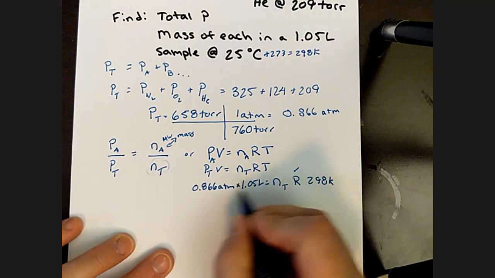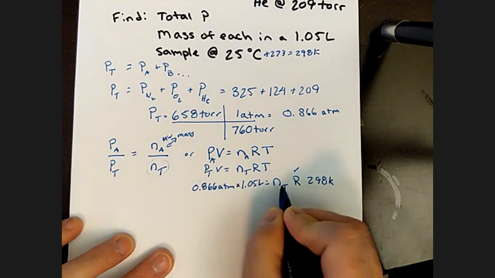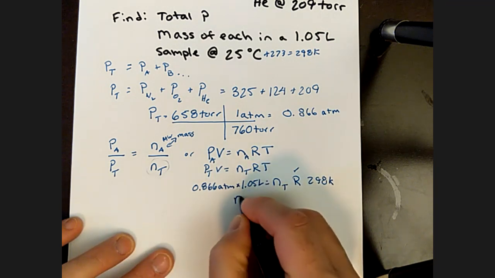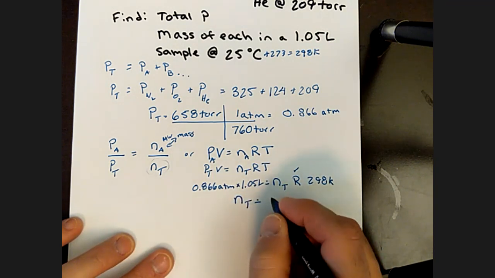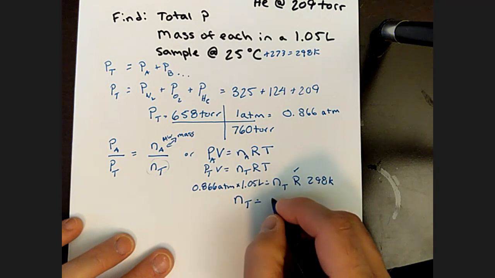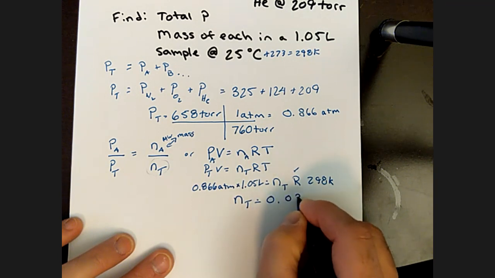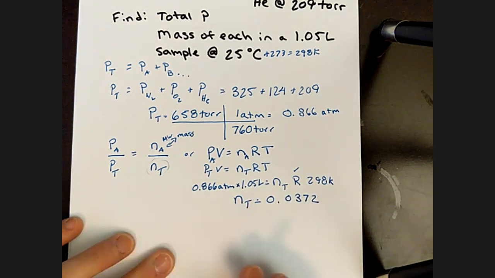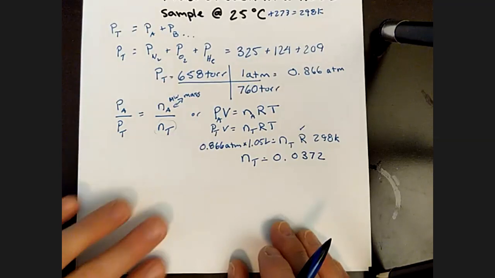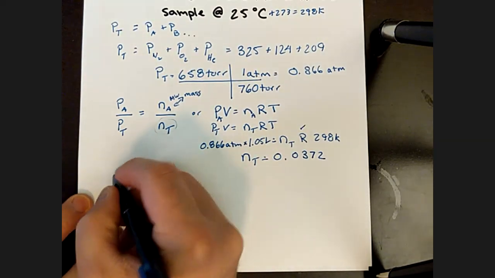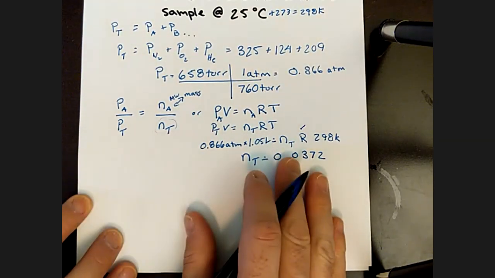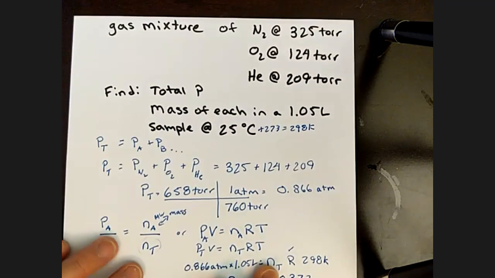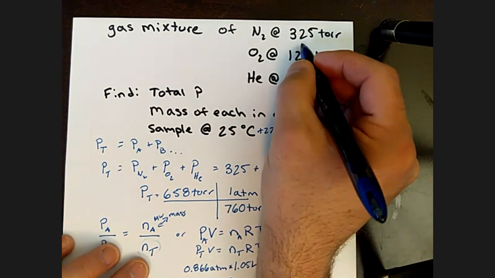So just rearranging terms here, this is just multiplying and then dividing these values over. So the total moles in the system equal 0.0372. Now functionally you can take each one of these partial pressures.